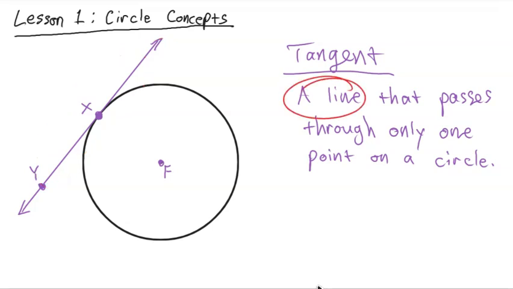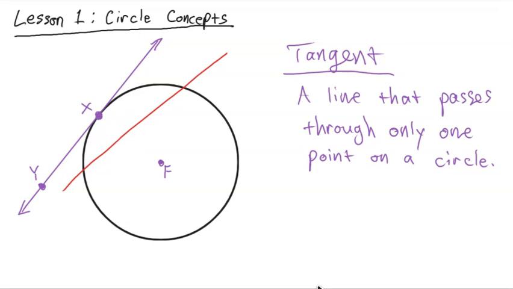A tangent is a line, and so it has arrowheads. It goes infinitely in both directions. It's a line that passes through only one point on a circle. So here's point X. It's on the circle. And in order for the tangent to go through only one point on the circle, it has to barely touch that one point. Notice a secant went through the circle, right?